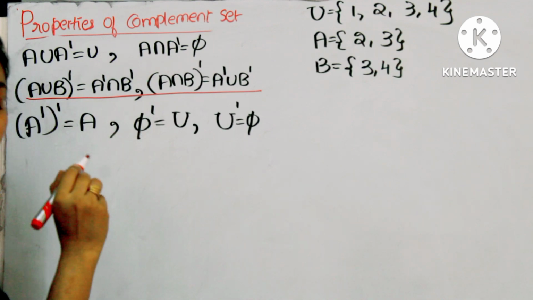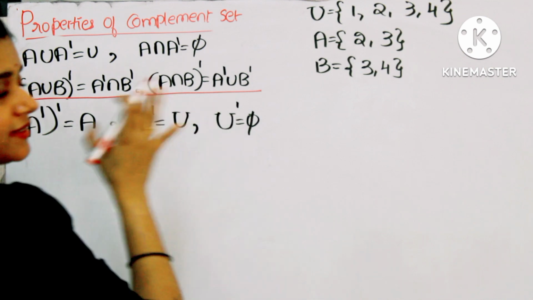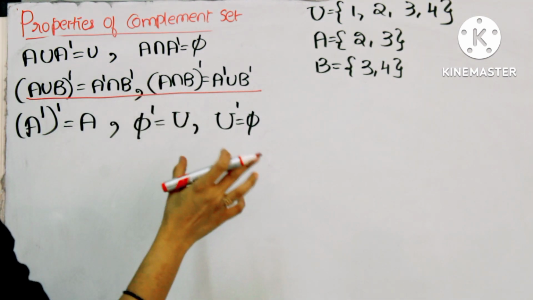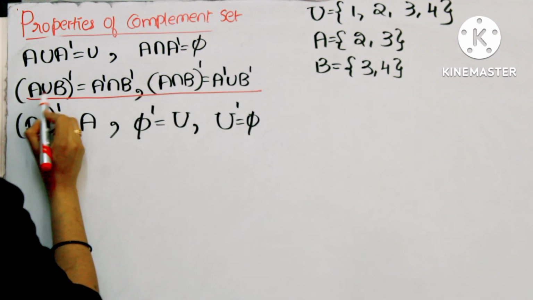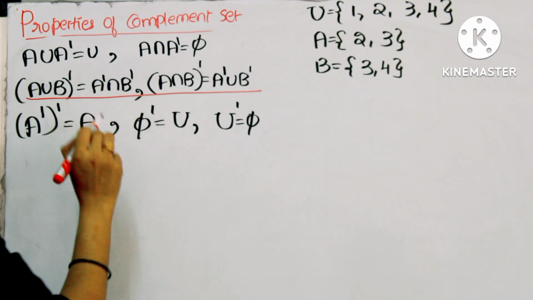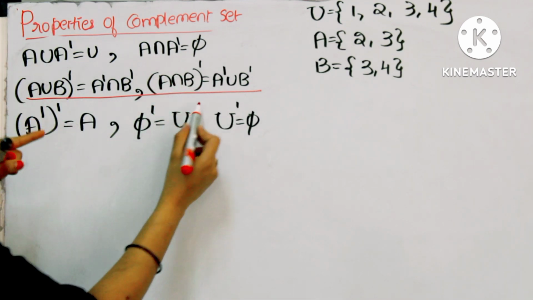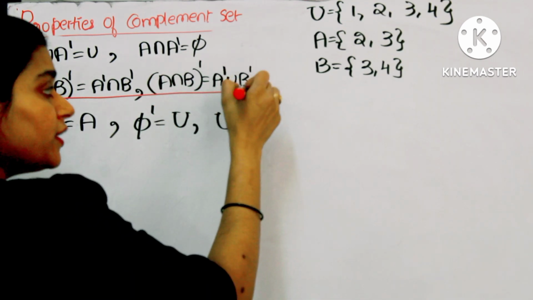It will come in the exam: they will give some examples and ask you to prove that De Morgan's law holds. A union B whole complement is equal to A complement intersection B complement, and vice versa. That is, A intersection B whole complement is A complement union B complement.